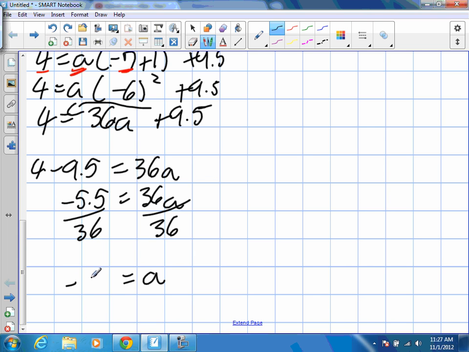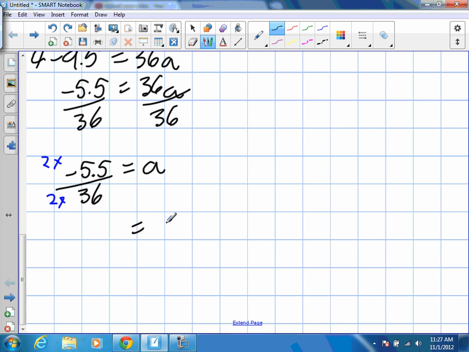So, the problem with this fraction I have here is I have a choice. I can put this as a decimal or we can put it as a fraction. Now, normally when we use fractions, we use whole numbers. What would be a way to turn this into a whole number fraction? Anyone know? Well, if I were to multiply both of these by 2, okay, we could get a fraction of whole numbers.